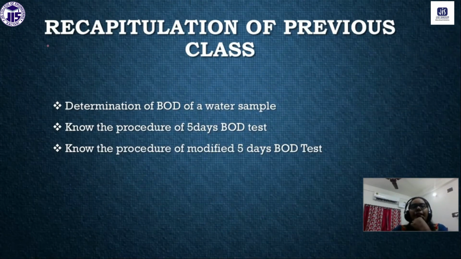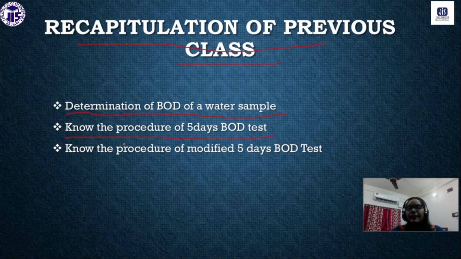Now, recapitulation of the previous class. Whatever we have discussed so far, this is just a recapitulation at a glance. What are the topics that we have discussed so far? First of all, the determination of BOD of a water sample. We have determined the BOD of a water sample. Know the procedure of the 5 days BOD test.